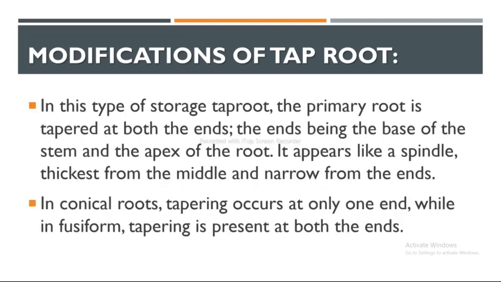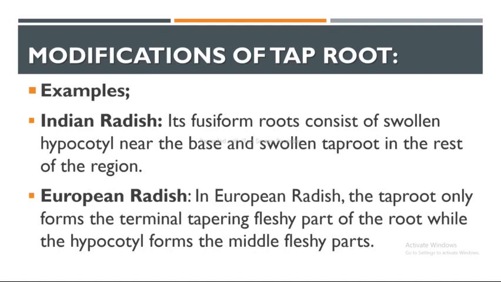In this type of storage taproot, the primary root is tapered at both the ends, being the base of the stem and the apex of the root. It appears like a spindle, thickest from the middle and narrow from the ends. In conical taproots, the tapering occurs at only one end, while in fusiform, tapering is present at both the ends. Examples.